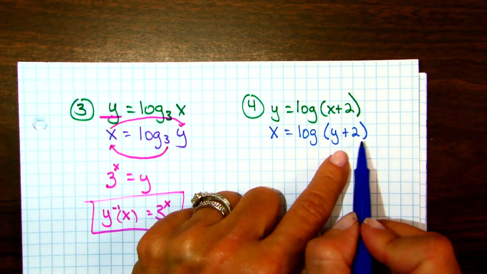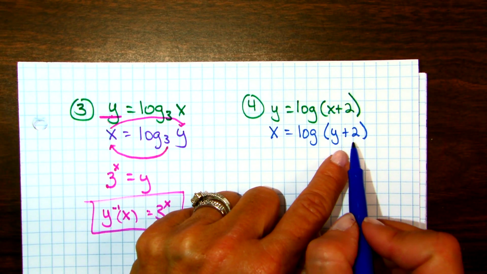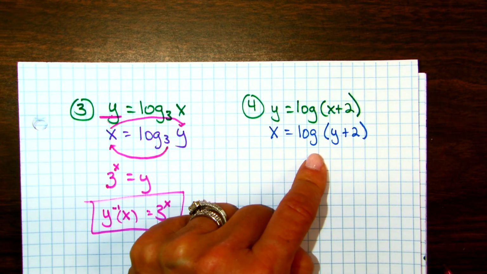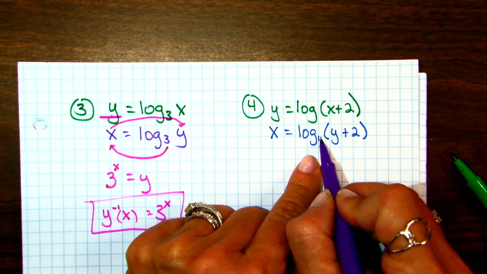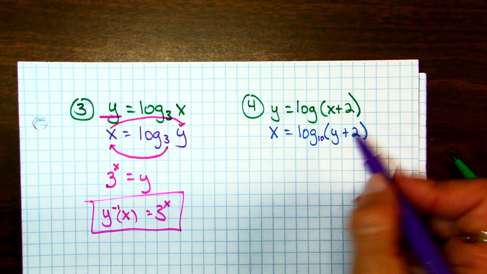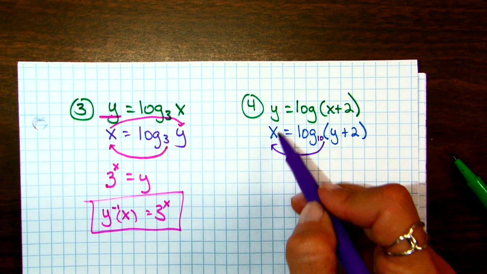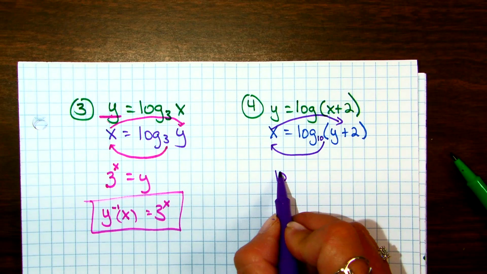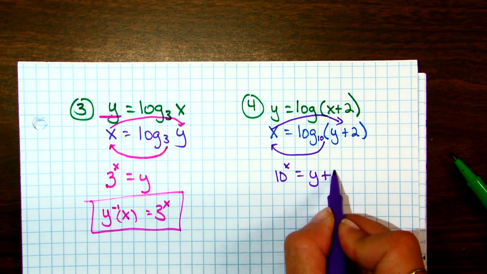Remember, though, if those parentheses weren't there, I would subtract 2 before I could start. And I don't see a base here. What is our base? 10. This is a known 10. If you want to write it, you can. You won't ever see it given to you, or typically won't. 10 to the x equals y plus 2.